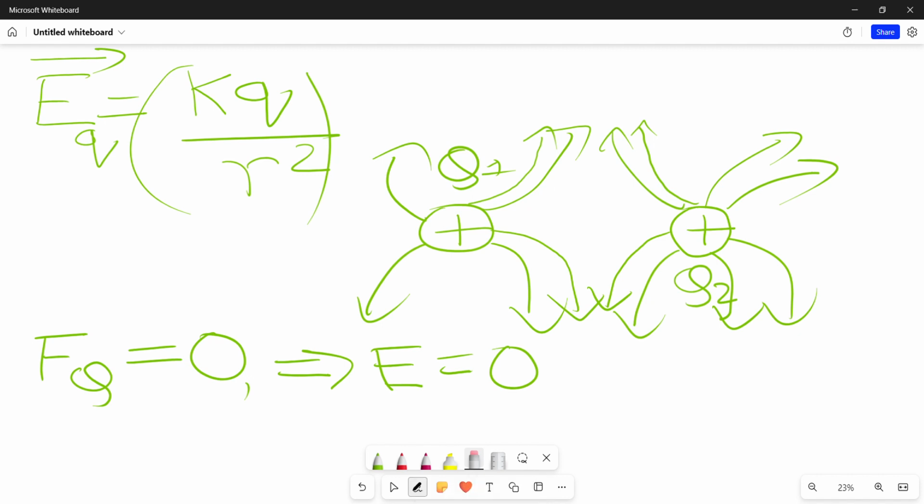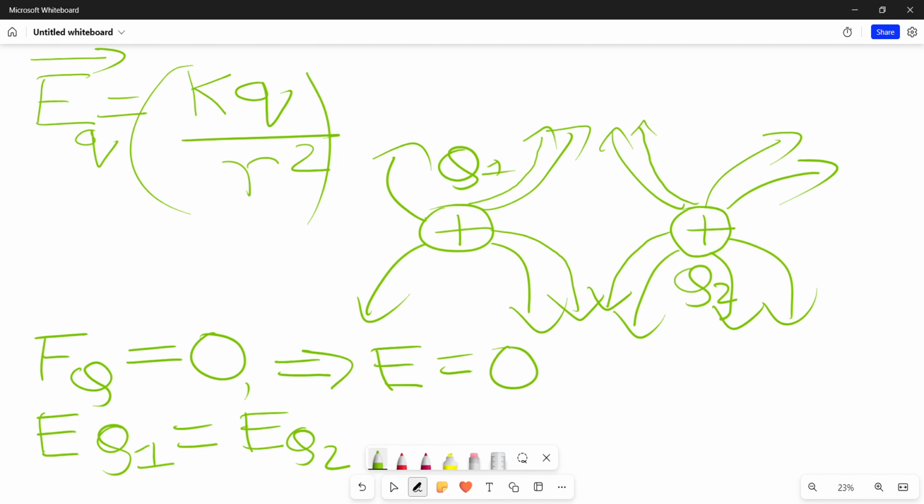So if I have to find a point where the net field is 0, all I have to do is make an equation where the field due to Q1 should equal the field due to Q2. That is where we get this concept. So the field due to Q1 should equal the field due to Q2.